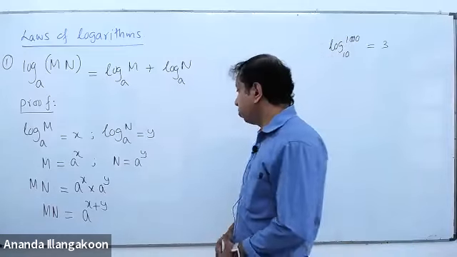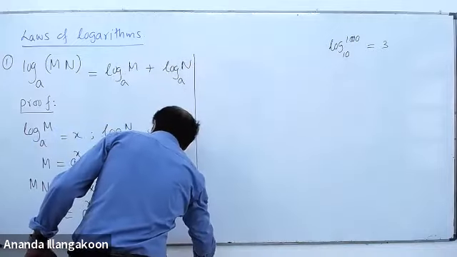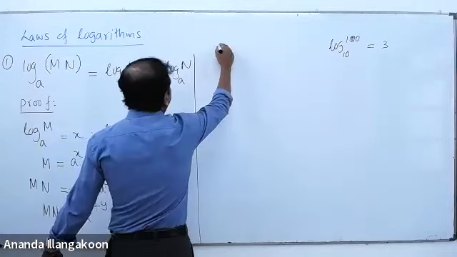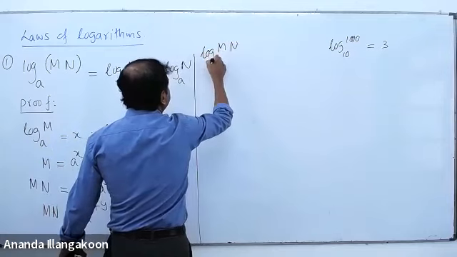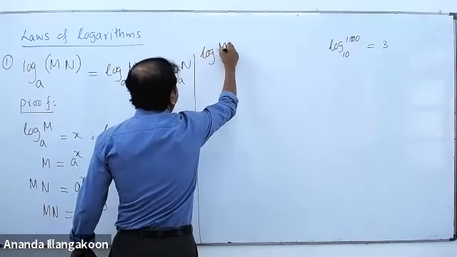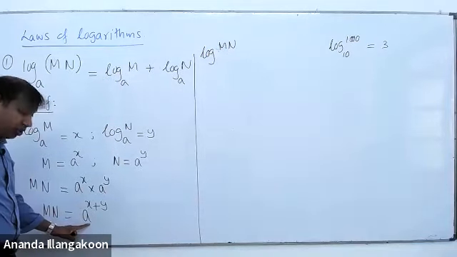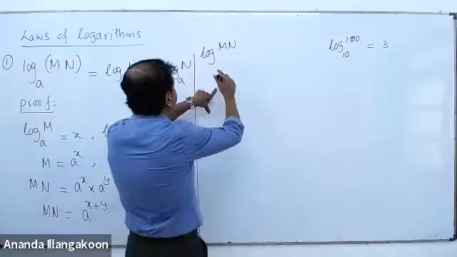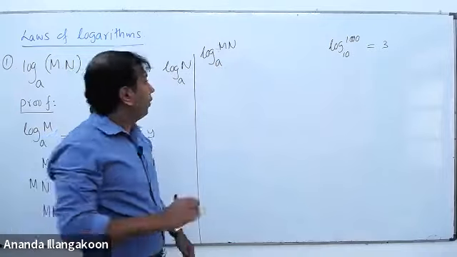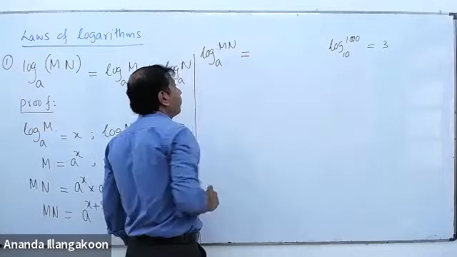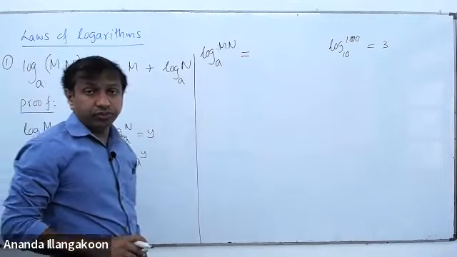We write mn here on the left hand side, and we write log here. The right hand side base, this we bring as the base of this log here. That is how we convert index form to logarithmic form. Then this is equal to what? This is equal to the right hand side power, x plus y.